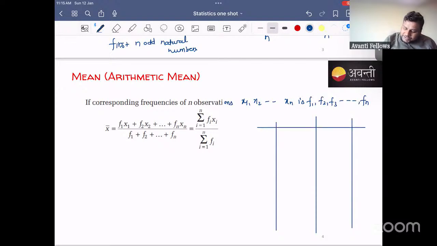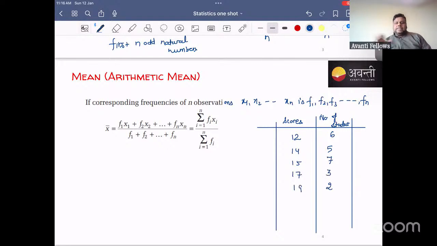Say these are the scores in a class test, and these are the number of students. Say 12 marks have been scored by 6 students, 14 marks by 5 students, 15 marks by 7 students, 17 marks by 3 students, and 19 marks by 2 students.